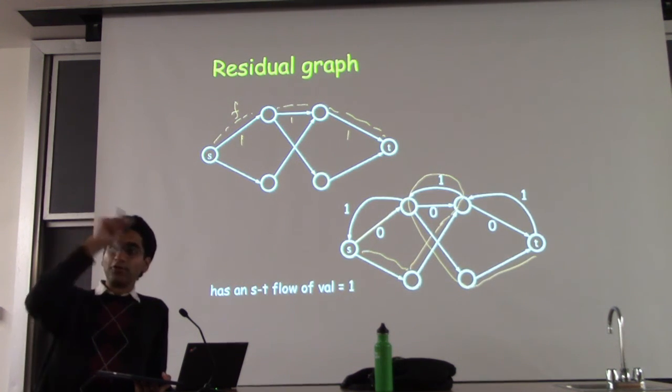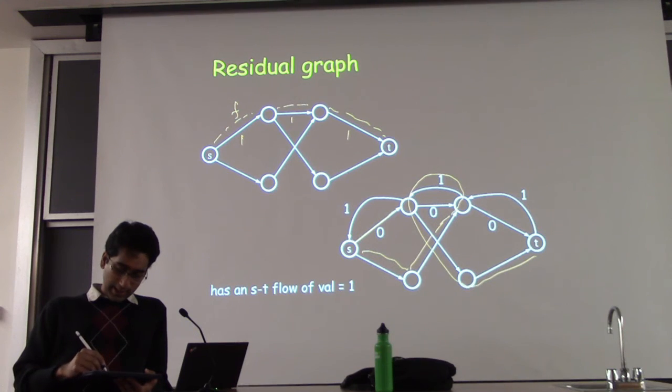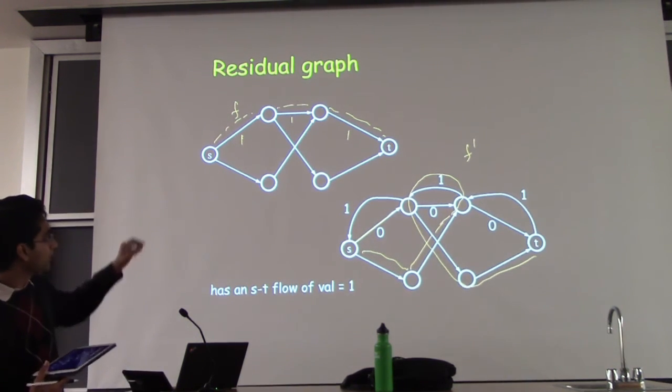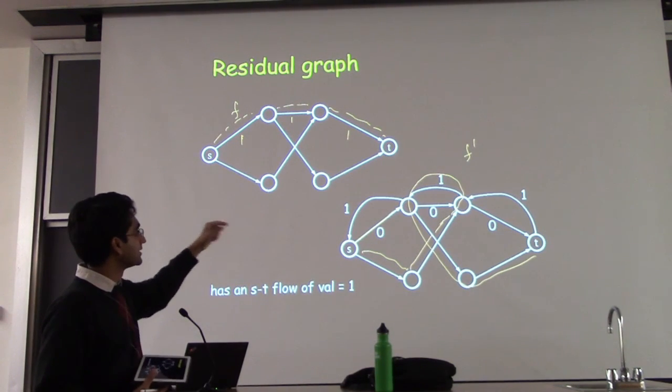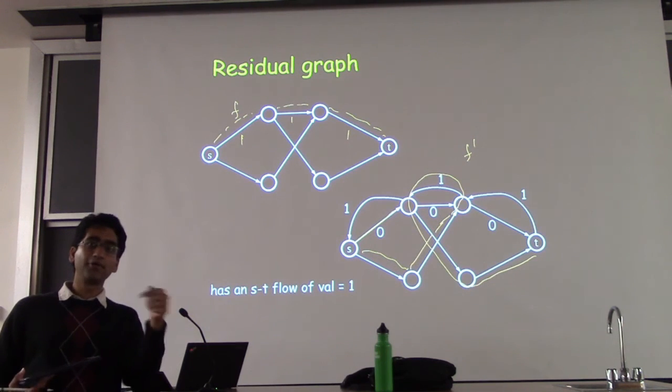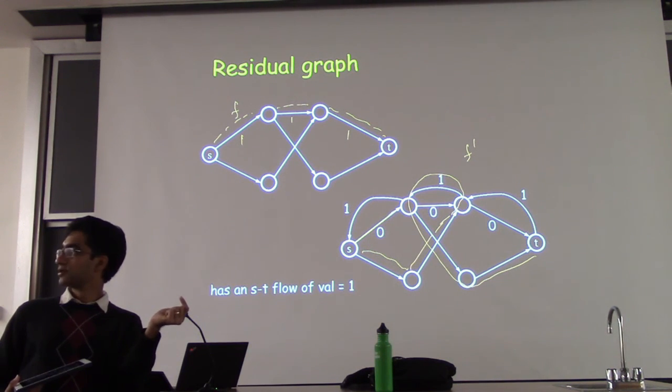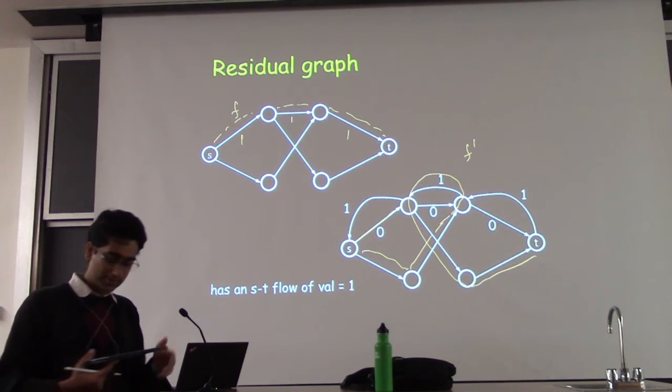This is a new flow, f prime, let's say, and we defined this notion of f plus f prime, where we cancel out edges if one had a forward edge and the other had a backward edge. So this is what we defined last time.